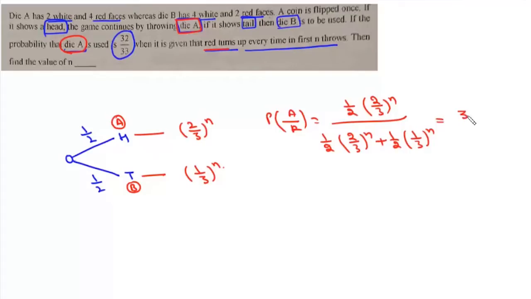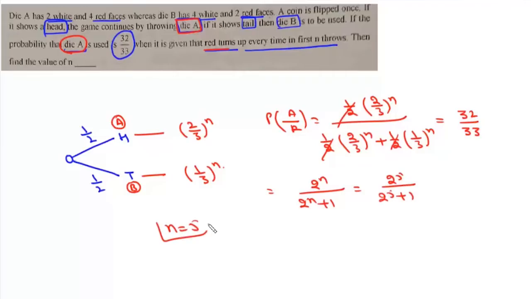It is 32 by 33. Now this 1 by 2 will cancel. Now we can write this as 2 to the power n upon 2 to the power n plus 1. So which is 2 to the power 5 upon 2 to the power 5 plus 1. So value of n is nothing but 5. So in this case, the value of n is 5 and that is the answer to this question.